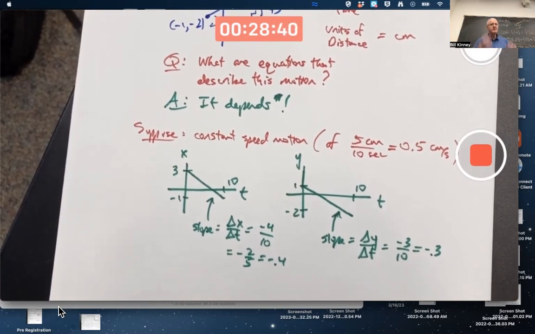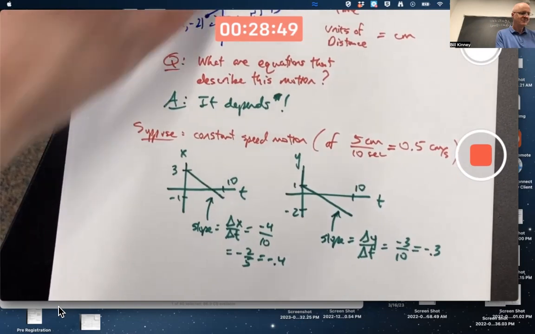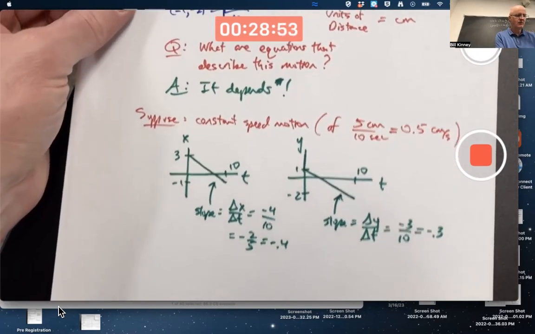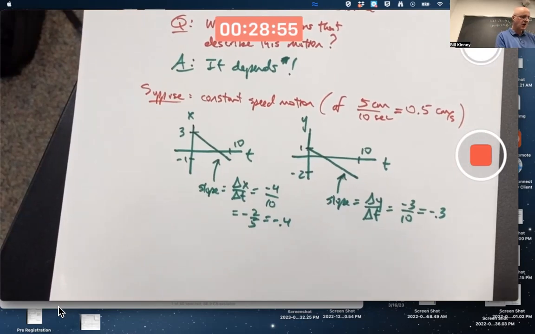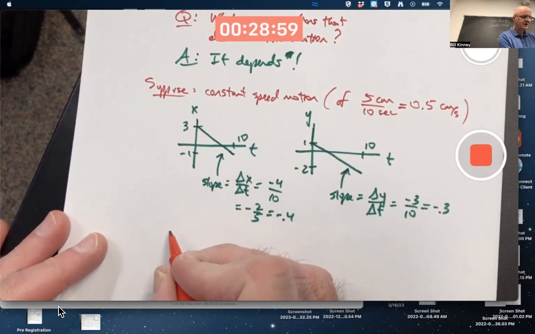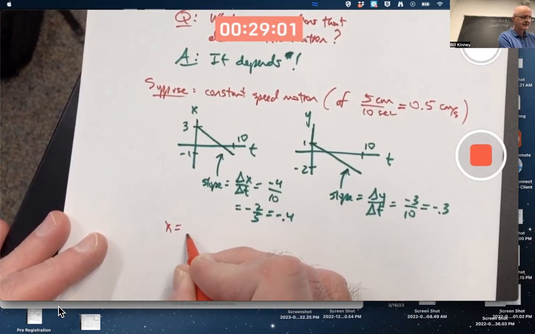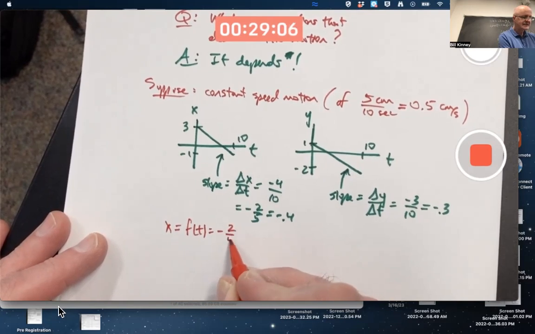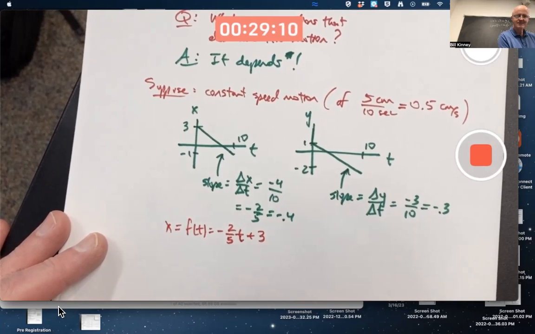You call them slopes in the picture. You could also call them rates of change of x with respect to t and y with respect to t. They are constant. I can also see the vertical intercepts. For x it is 3 and for y it is 1. So x as a function of t, let's call it f of t, is -2/5 t plus 3, right?